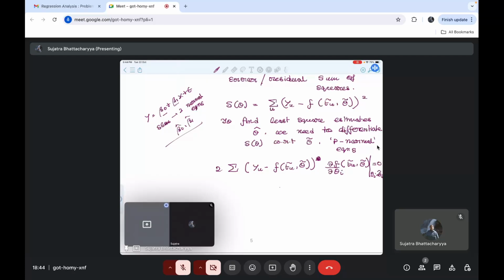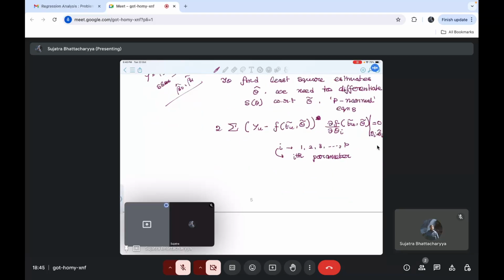Now, what is this i? This i represents the ith parameter. Remember, i goes from 1, 2, 3 up to p. So it will be differentiated with respect to theta 1, theta 2, theta 3 up to theta p. And the expression where it becomes 0 will be one of the normal equations corresponding to that ith parameter of theta. So this is how you can understand it.